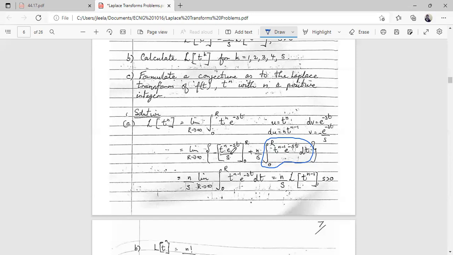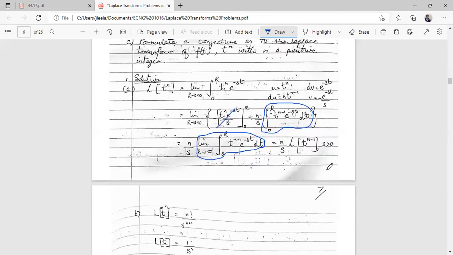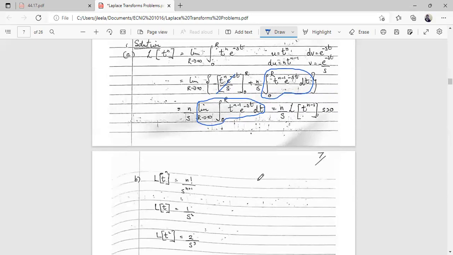So 0 times anything is 0. So from here, you would get 0, and just this part would survive. That is basically the limit, which is the definition of the Laplace of t^(n-1), and you multiply that by n over s on the outside, for s greater than 0.